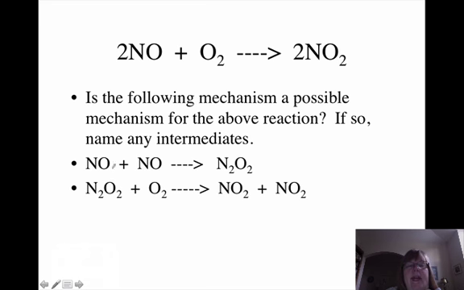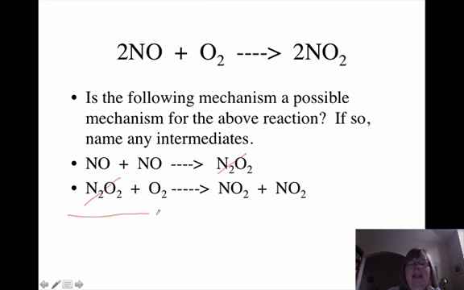All right, do we have anything that appears on the reactant side and then again on the product side that we could cross out? I only see one thing, dinitrogen dioxide. There it is. It's here as a product and here as a reactant, so we can cross that out.